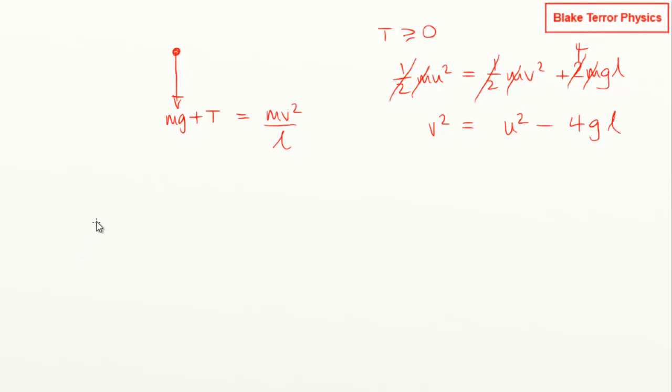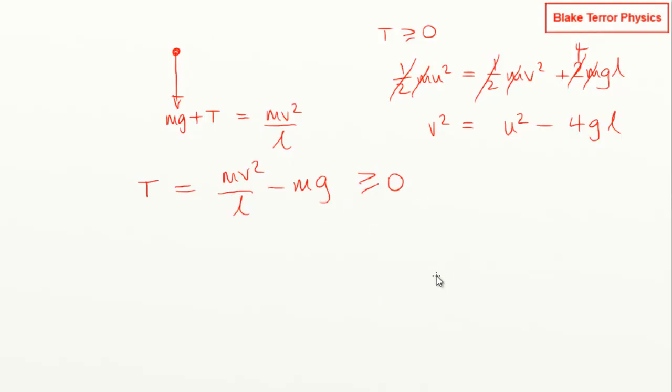Now we can put that in here. First of all, rearranging this, T is mv squared over L minus mg, and that needs to be greater than or equal to 0. The tension can't have dropped off; it has to be at worst at the point of going slack, at worst the point of reaching 0.